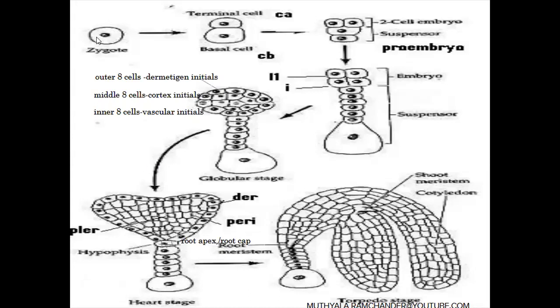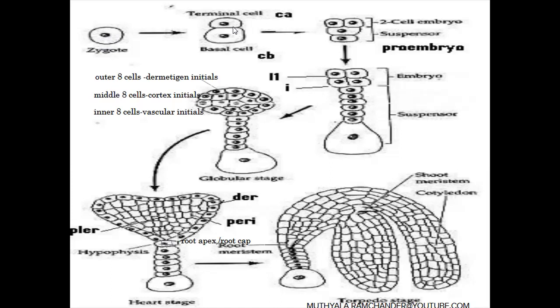After syngamy, meaning one male gamete fused with the egg cell to form a diploid zygote, the diploid zygote is present in the micropylar region of the embryo sac. Initially, in Capsella or the cruciferous family, the diploid zygote participates in the first division, which is a transverse division.